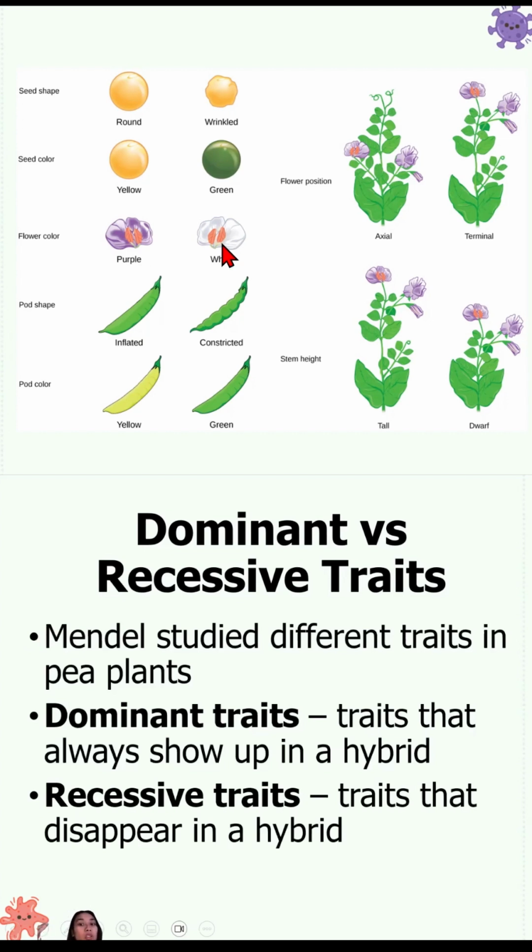But then he often saw that that trait would reappear in the following generation. So these recessive traits disappear and then reappear in different generations, whereas a dominant trait typically is found in all generations. That was his whole thing, looking at different traits, trying to figure out what was dominant and recessive. Again, this was prior to knowing anything about genetics or alleles. He was just making observations.